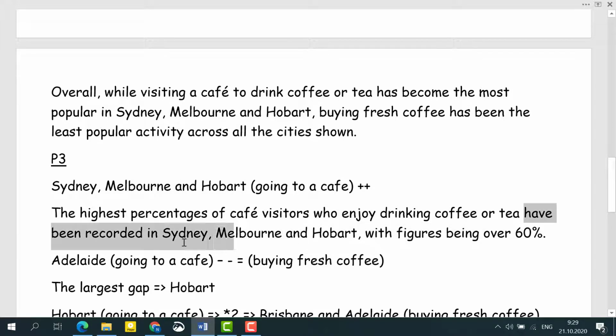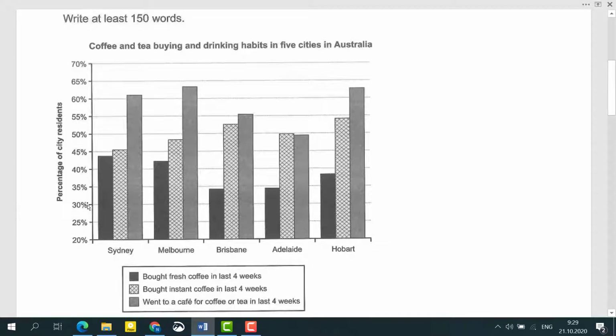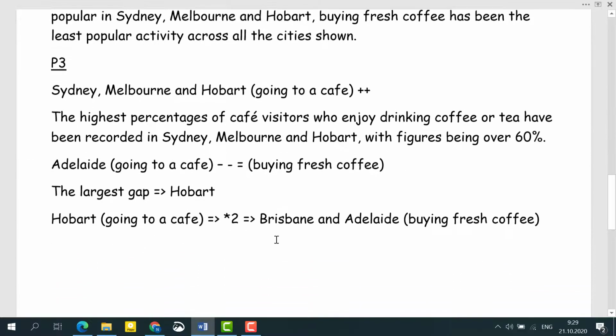And here, have been recorded. So when we are talking about a specific number, you can just say have been recorded, have been registered. Where? In Sydney, Melbourne, and Hobart. And here, I'm trying to be very specific, comma, with figures being over 60%. In this case, figures means we're talking about the percentages here. So remember, when you're talking about percentages, it's better to write figures.